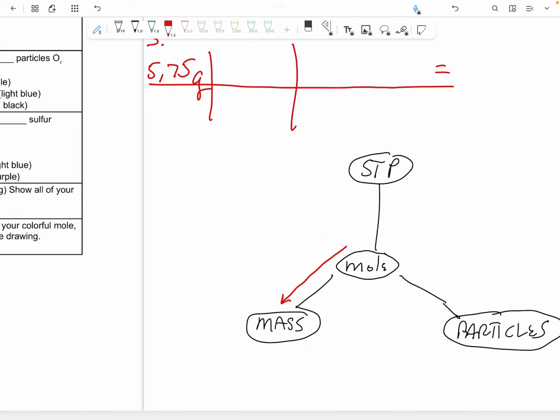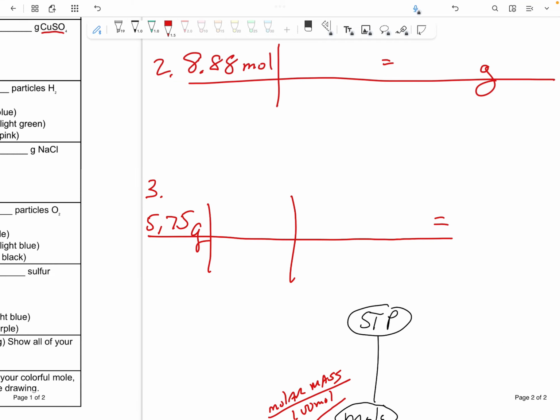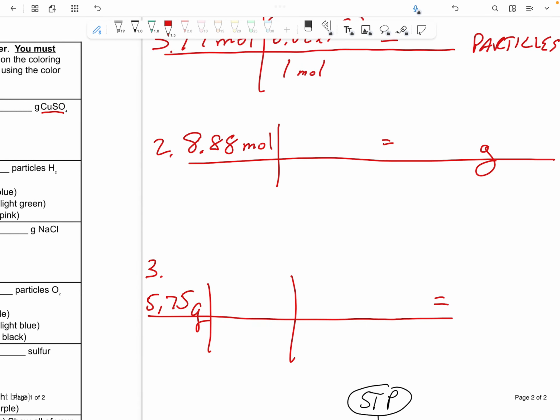So the molar mass of copper sulfate, so let me write this first. Molar mass over 1 mole, okay? And so the molar mass of the copper sulfate turns out to be 159.6, so I'm going to leave it at that. And we're going to put that right there, grams, and that's over 1 mole, okay? That's a multiplication problem.